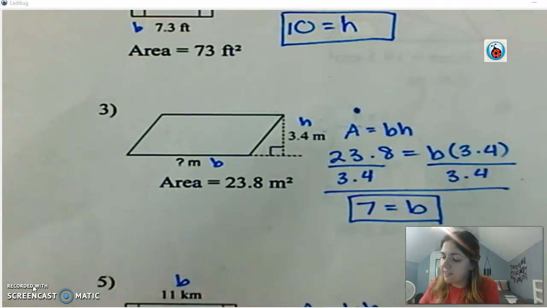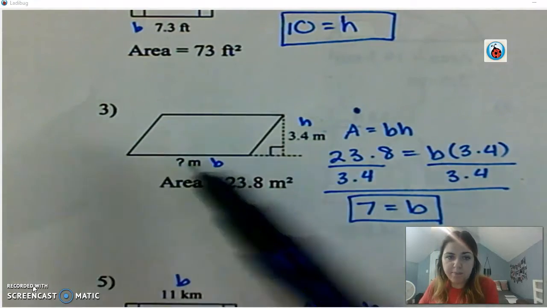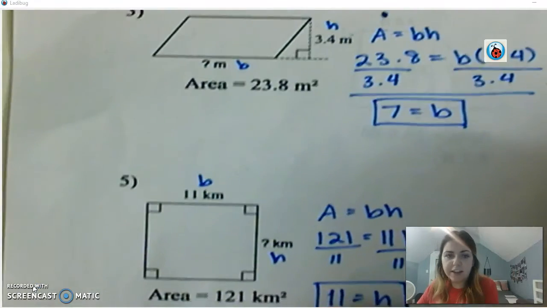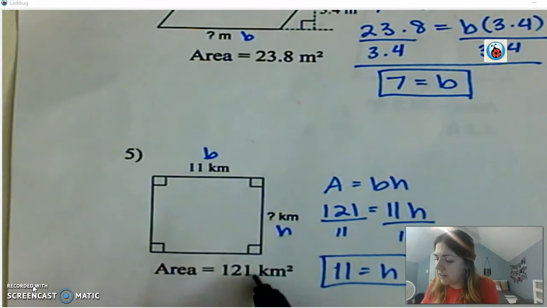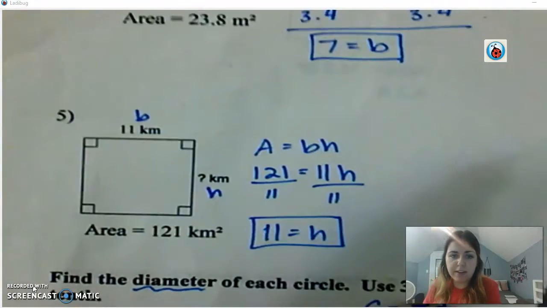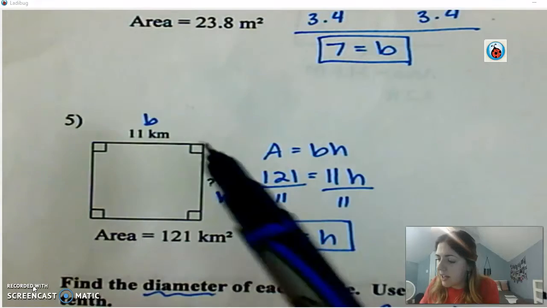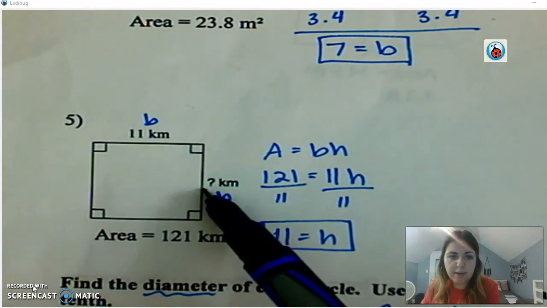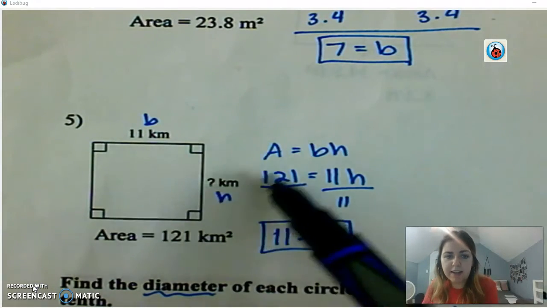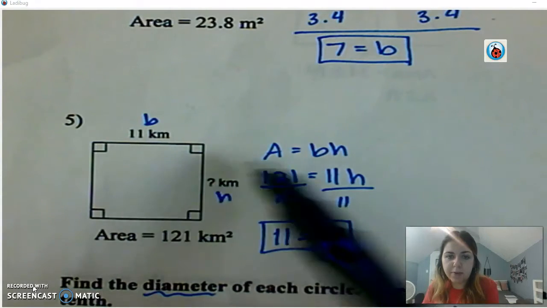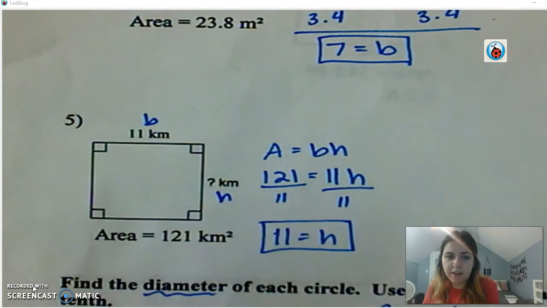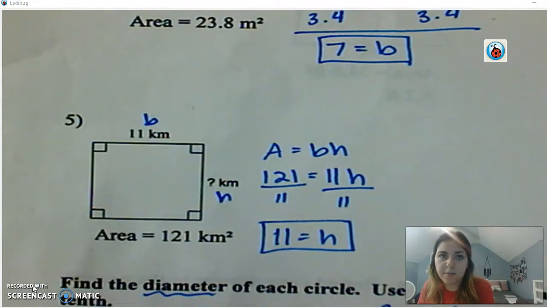That was a parallelogram. Then for the square, you've got your area, which is 121, so I plug that in the formula. Base and height are labeled here, and I'm looking for my height again. So plug in 11 for B, divide both sides by 11, and you get 11 as the missing measurement.